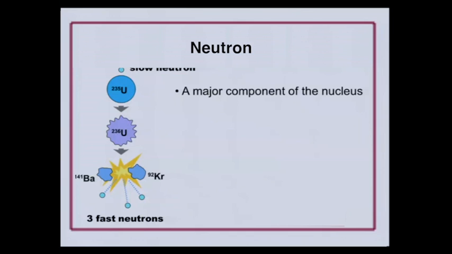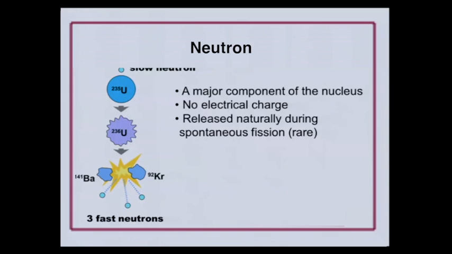Now the fast neutrons will go on, and they will interact with matter as they transfer their kinetic energy, and it's that interaction that we need to be concerned with as far as it being a form of radiation. There are no electrical charges associated with it, so that tells us that the transfer of energy is going to have to be by collision, direct contact.